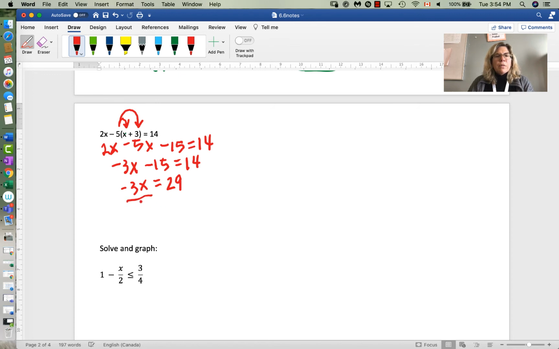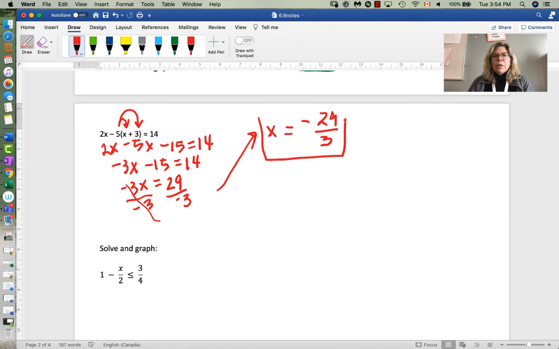And so if you divide by minus 3, that gives you x. Now since it's an equal sign, there's nothing to change from greater than to less than. It's just as we divide by a negative number, it still stays equal. So that would be x equals negative 29 over 3. And that's your number.